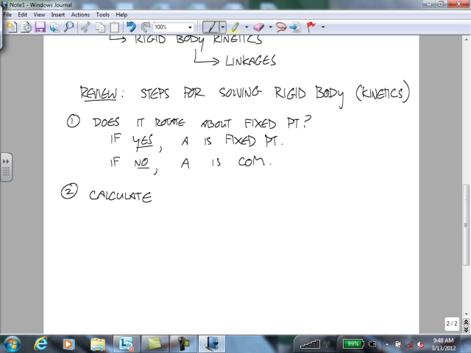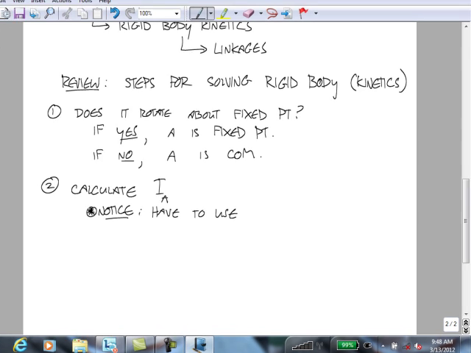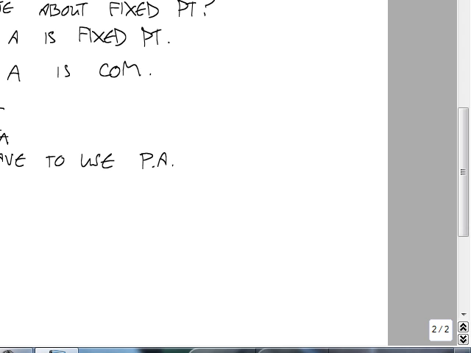So the next thing you have to do is calculate the moment of inertia about whichever about point you chose. And notice you have to use the parallel axis theorem if the about point is what?